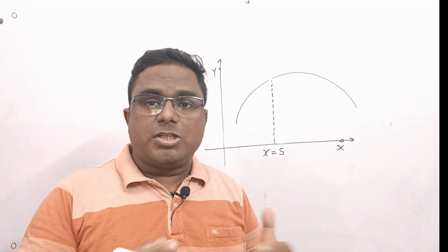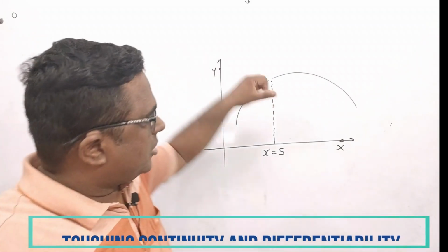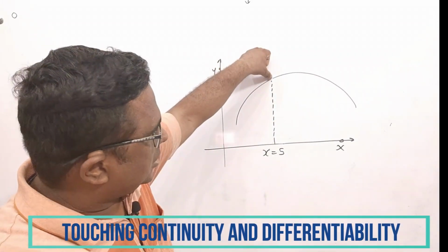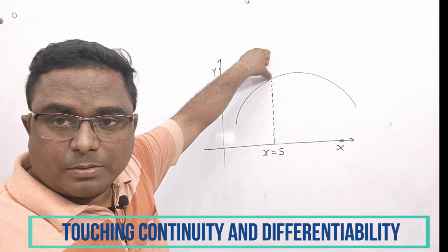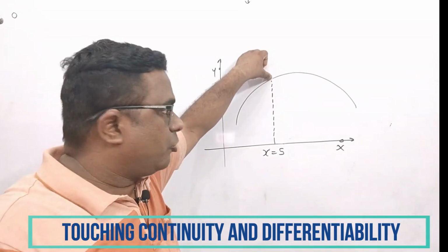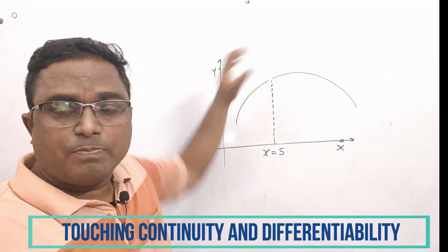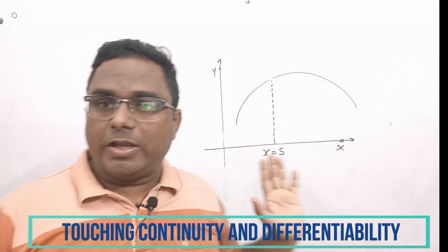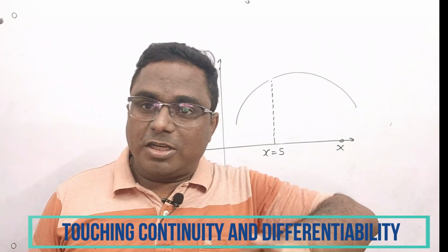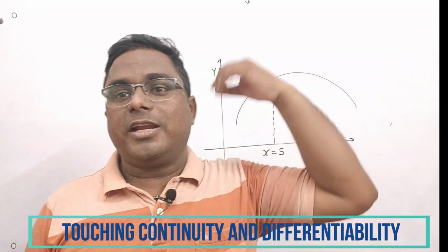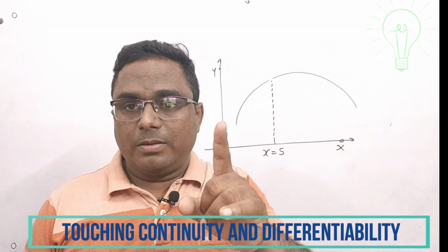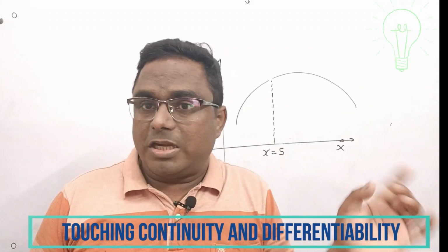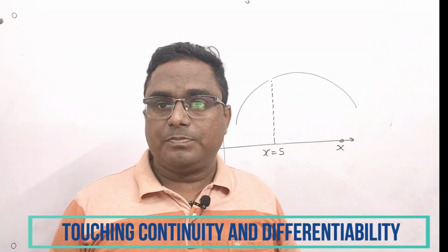So it means it is not possible for anyone to draw a tangent to the curve at this point. We cannot draw a tangent to the curve at this point. It means the function will not be differentiable at x equal to 5. If a function is not continuous, then the function can never be differentiable. Remember this.